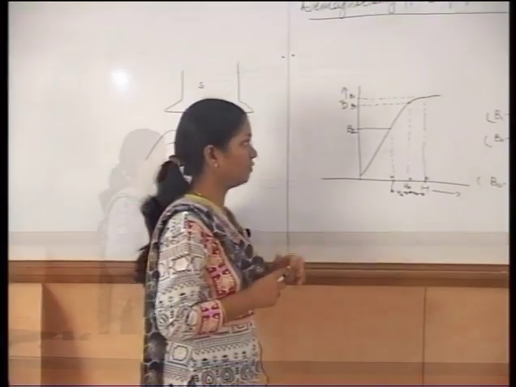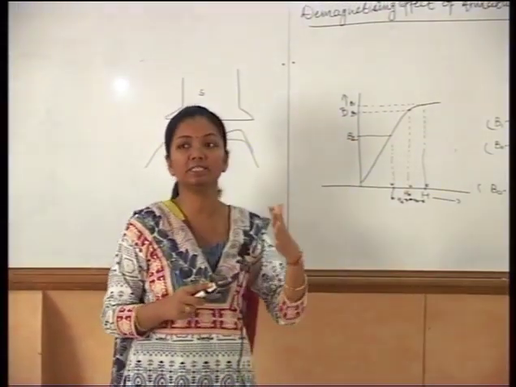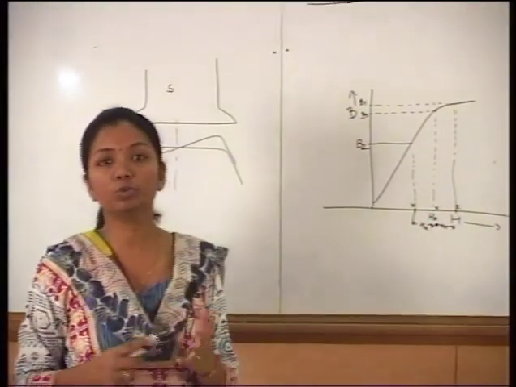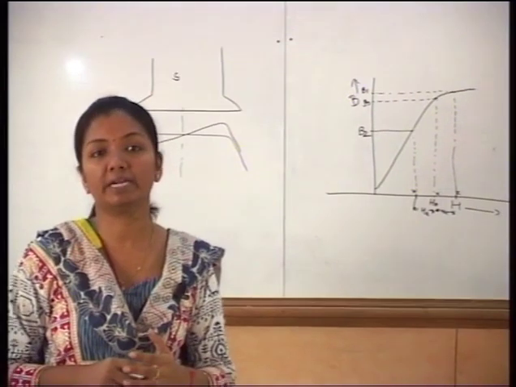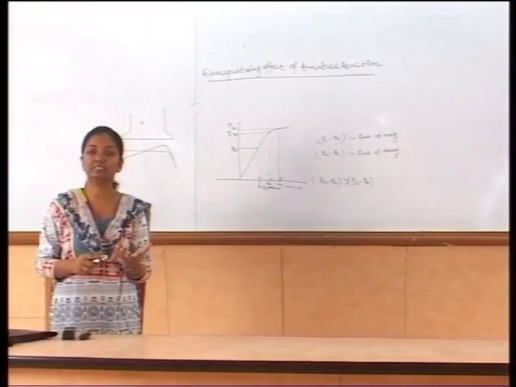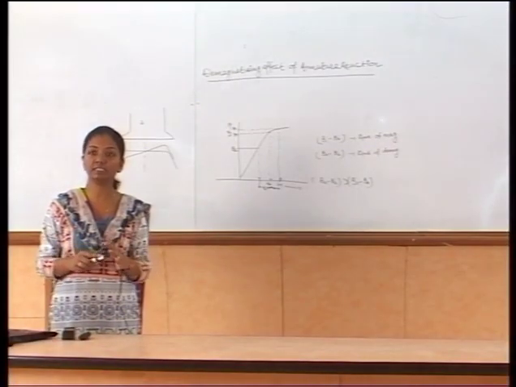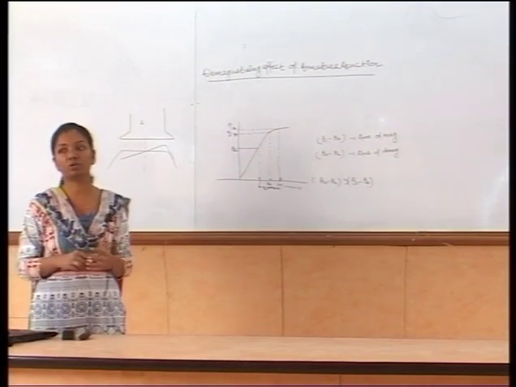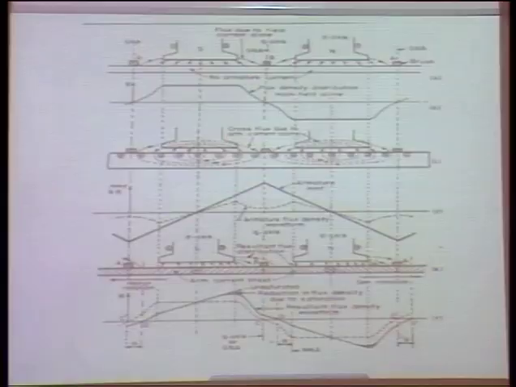And when we consider the armature reaction in practical machines, the armature reaction results in net demagnetization, that is, the net flux density in the machine decreases because of armature reaction.